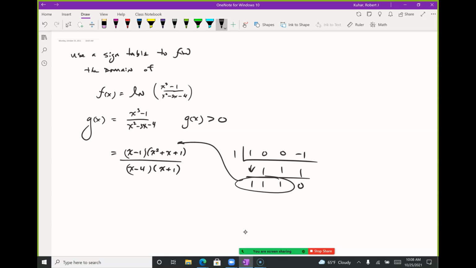So I got my criticals, right? My critical values are minus 1, positive 1, and 4. X squared plus x plus 1 does not equal 0.